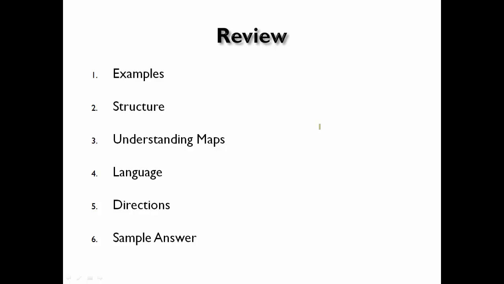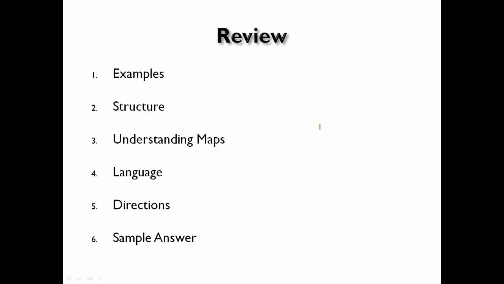So let's review everything that we learned in this final module. We looked at some examples. The primary examples that we looked at is a map from the past and a map in the present, or a map in the recent past. Those are the number one types of essays for maps that you'll be looking at. Then we looked at the general structure.